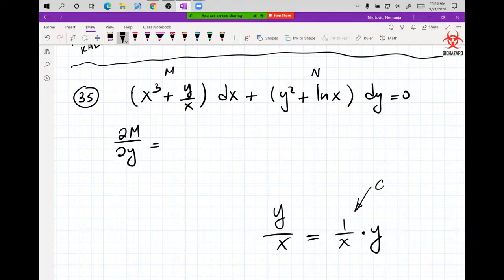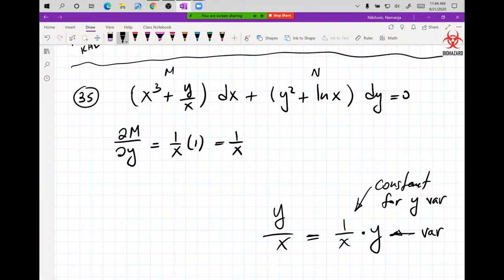That's a constant for the x variable, and y is your variable. So when I am taking the partial derivative of this, I copy the constant and then take the derivative of y, which is 1, so the whole thing is just 1 over x.